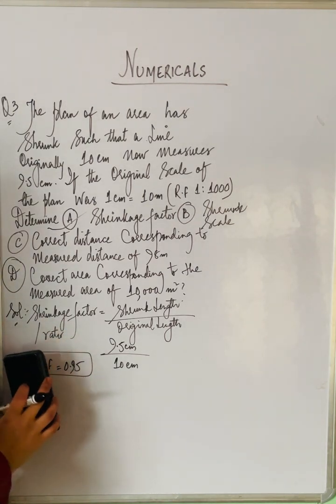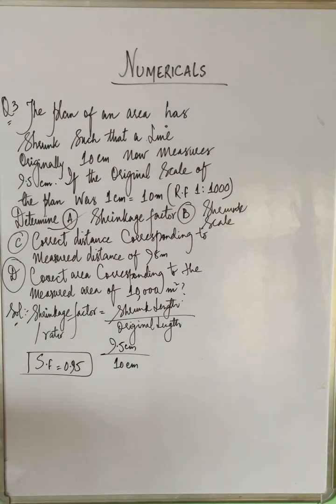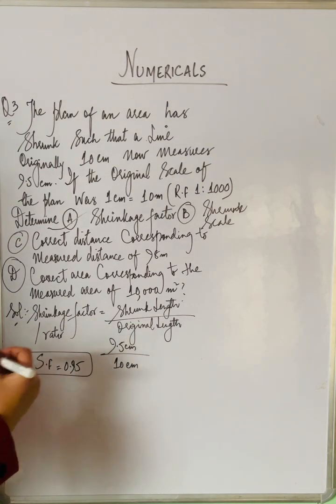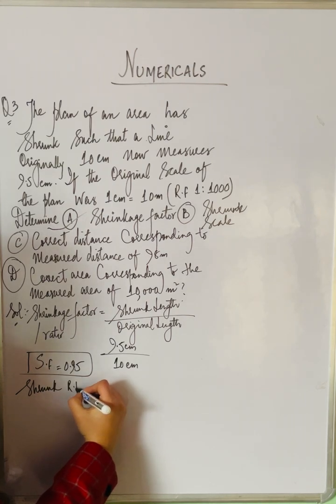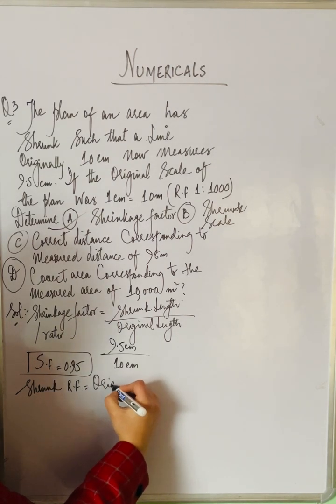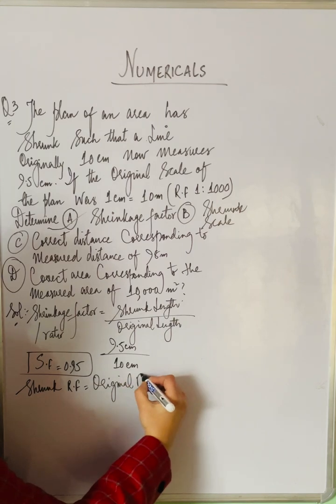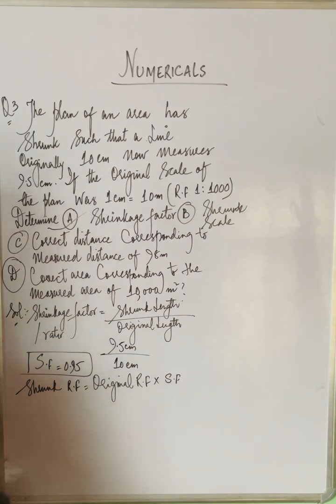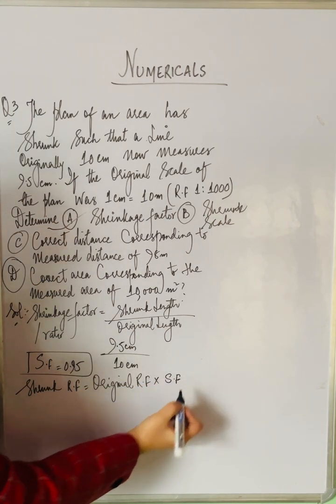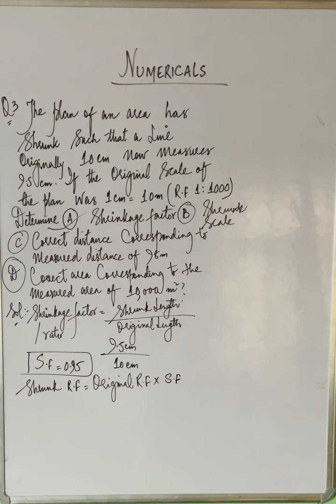That completes this. Now we have to find the shrunk scale, right? We also know that shrunk RF is equal to original RF multiplied by shrinkage factor, right? Shrunk reduced representative fraction is equal to original representative fraction multiplied by the shrinkage ratio.